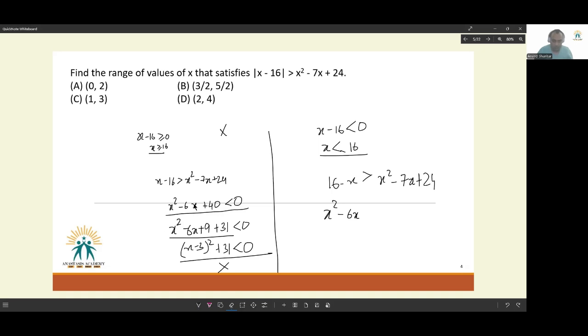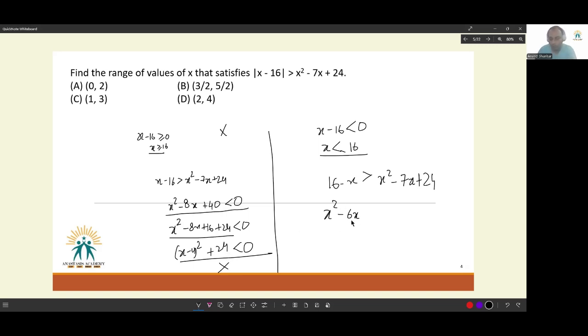I have made a mistake. This will not be 6x. This x will come here and make it minus 8x. So x square minus 8x plus 16 plus 24, or x minus 4 whole square plus 24. The net result doesn't change. It is still unacceptable.